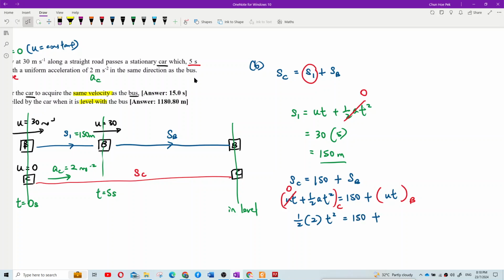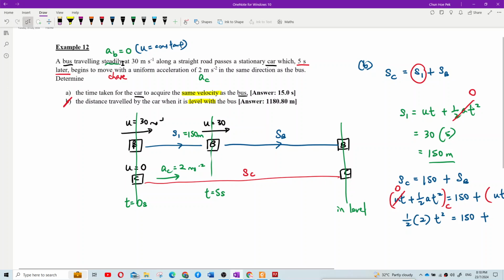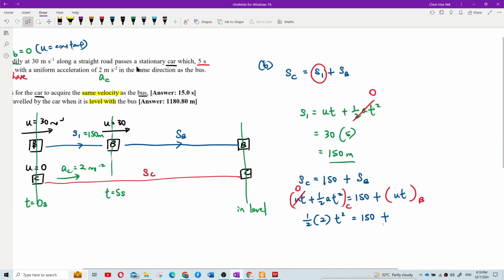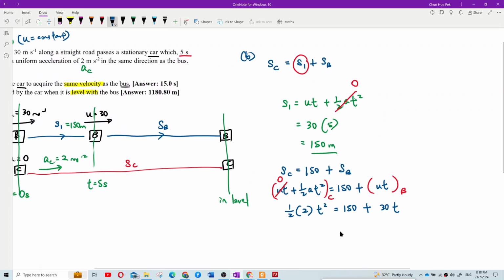Plus u, the initial velocity of the bus is 30, so 30t. This is the bus's, and this is the car's. So very simple, you see.